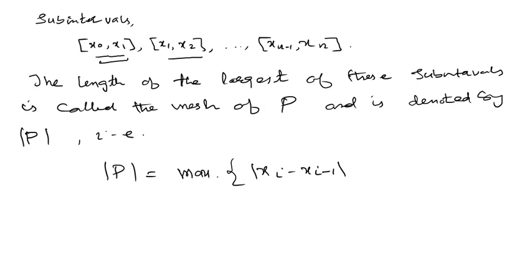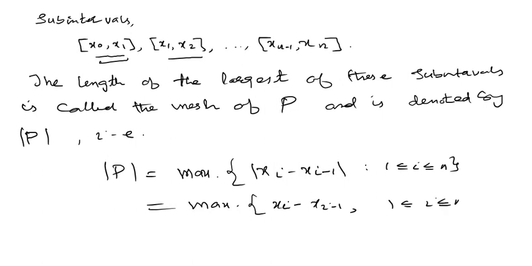We don't need the modulus here because xi is greater than xi-1. So it is the maximum of xi minus xi-1 for 1 less than or equal to i less than or equal to n. That's the mesh of the partition P.